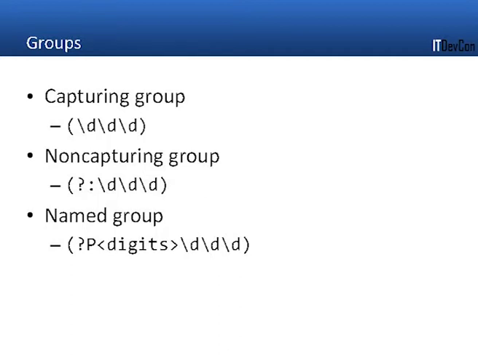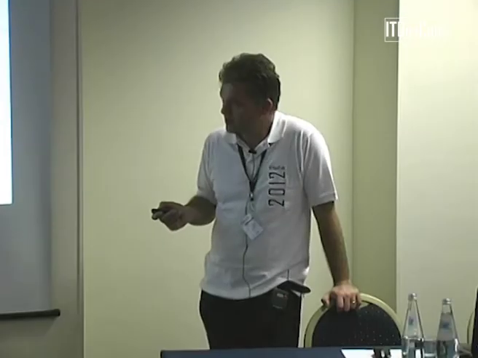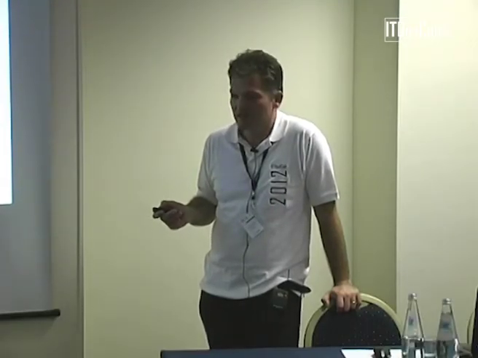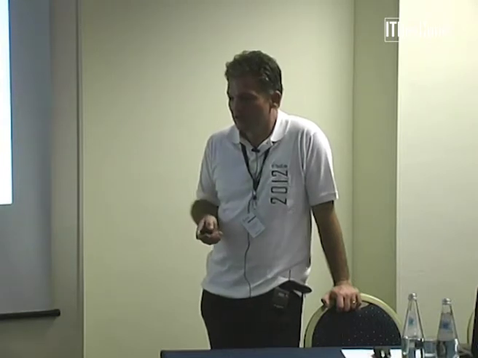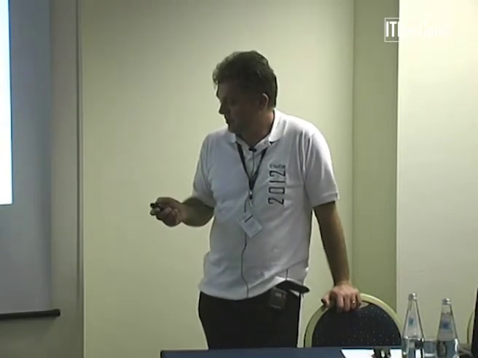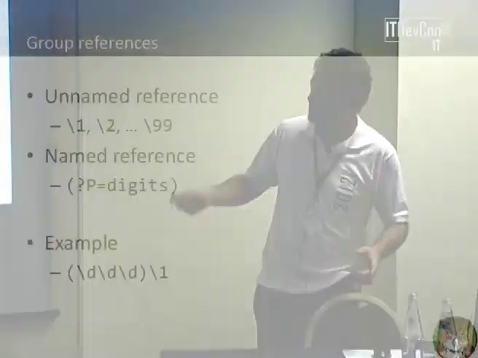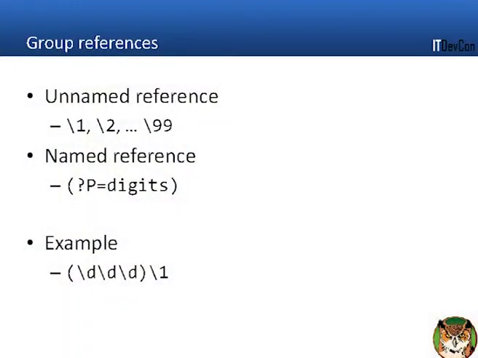And you can also give a group a name, which is nice if you are capturing different groups from the code. You can say, please give me the content of group digits, not group 1. If there is more than one group in the text, they can be referenced either as numbers from 1 to 99 or by names.